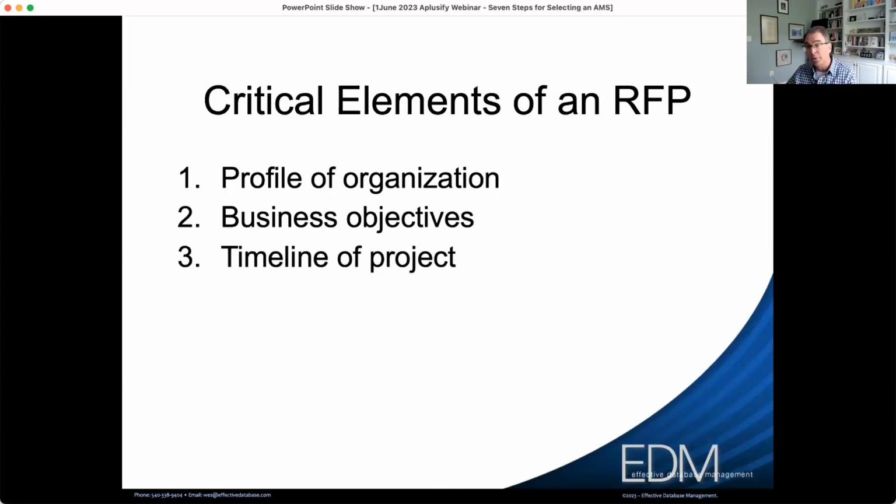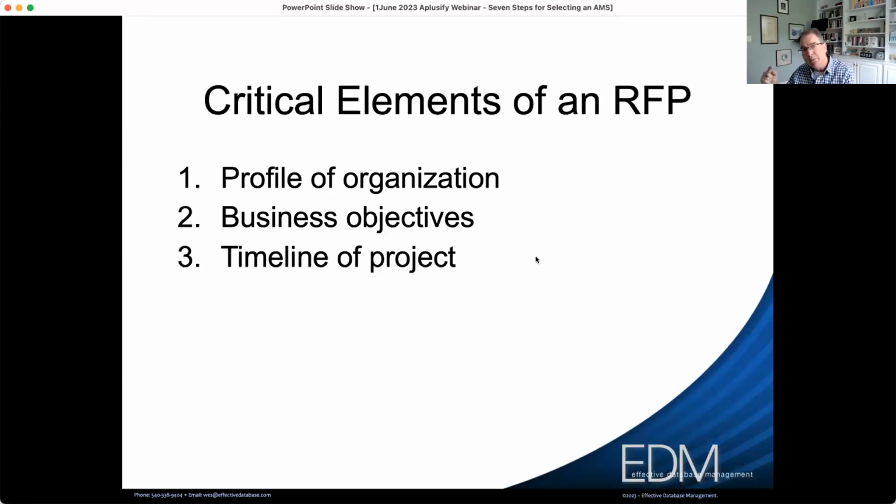The third, and this is a really critical one, is the timeline for your project. What I mean by that is not only the timeline for this part of the project, meaning when the RFP response is due, when you're going to do demos and so on, but also what is your expected go live date?